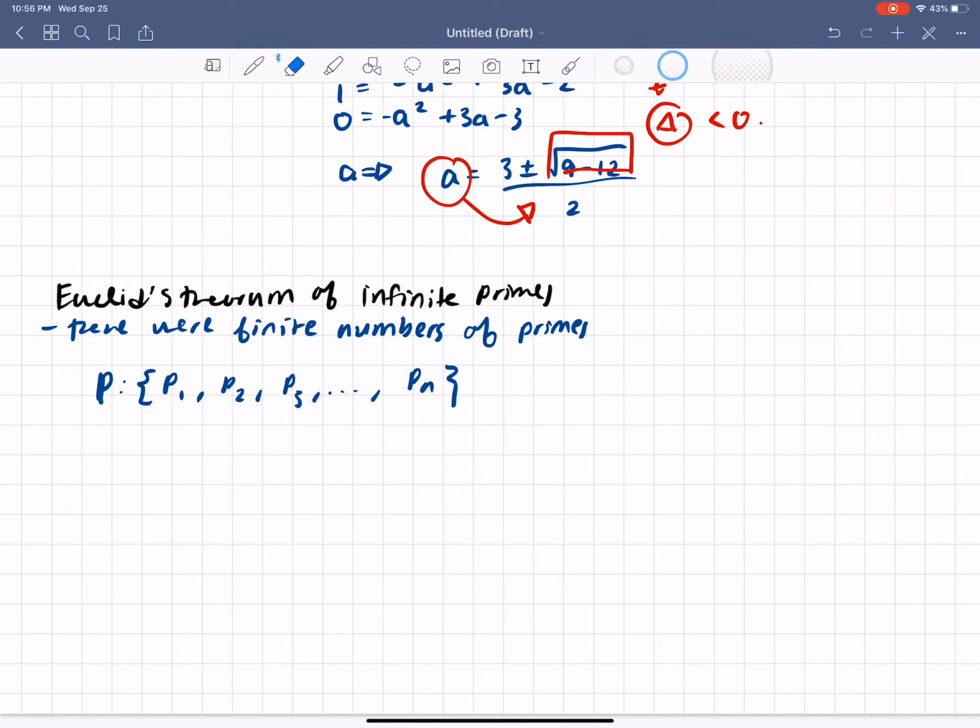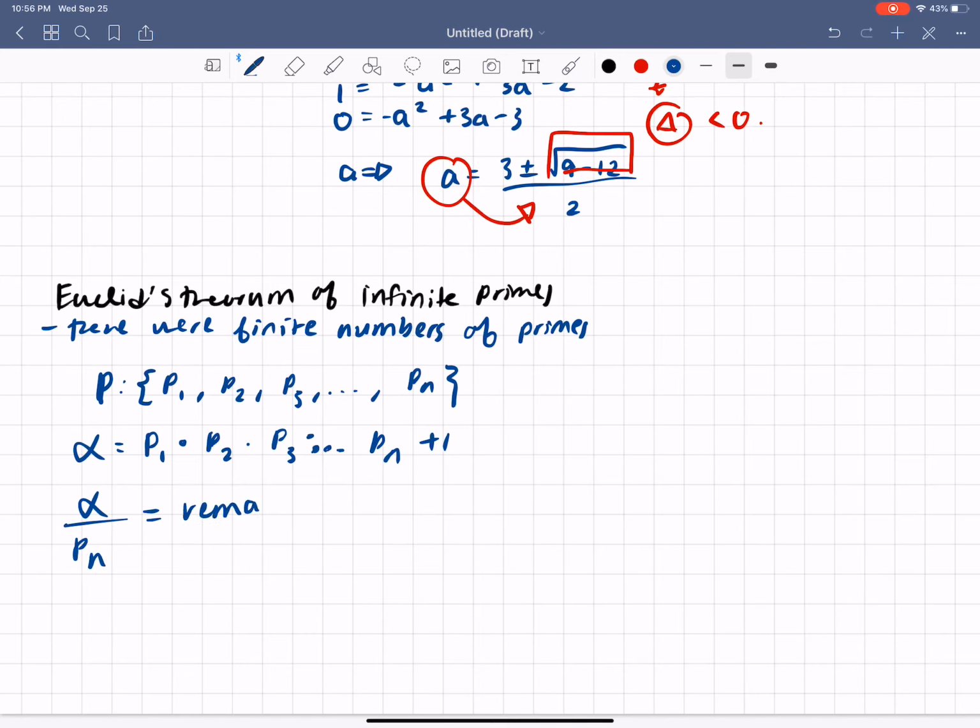What Euclid did is that he called alpha the product of all these prime numbers up to Pn, but then he added 1. By doing this, he proved that alpha divided by any prime number always resulted in a remainder of 1.